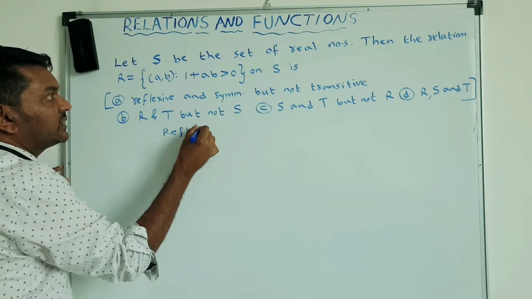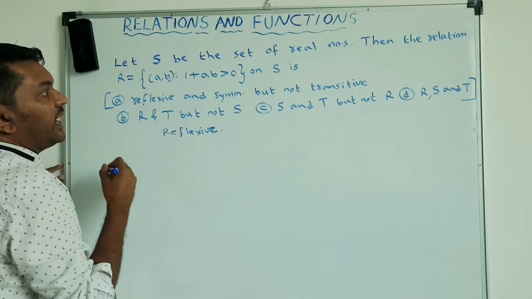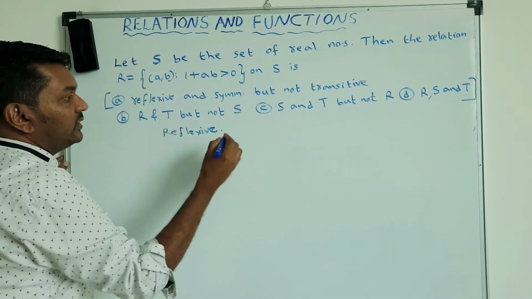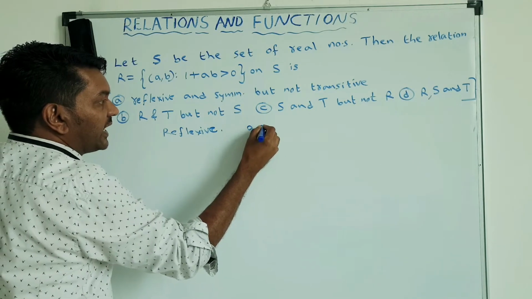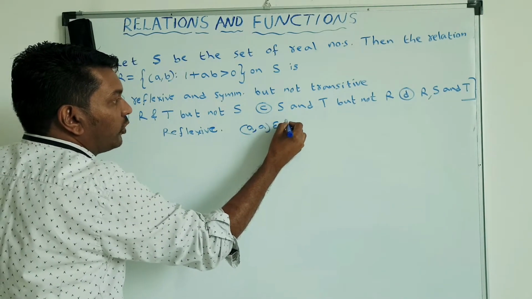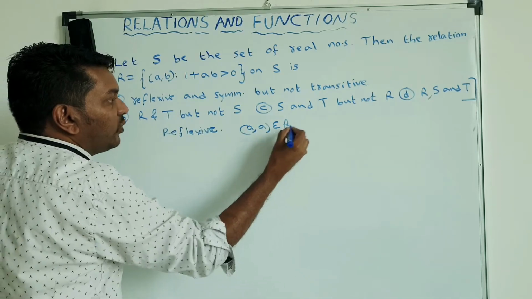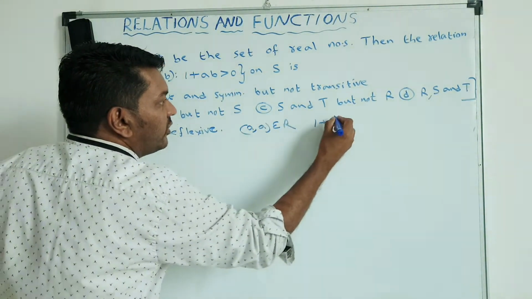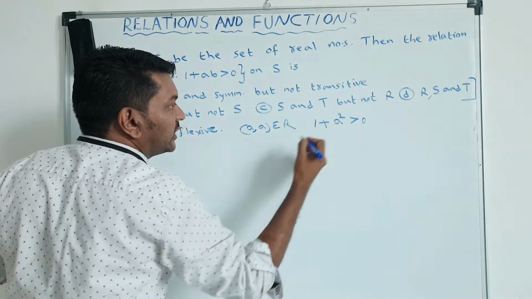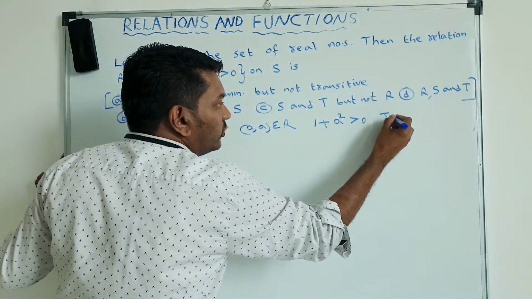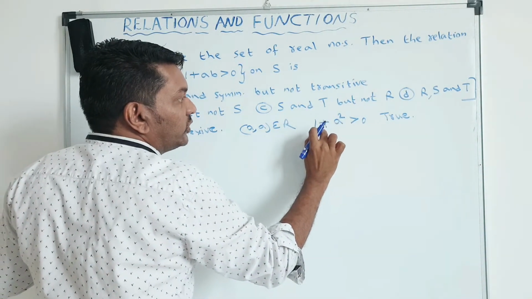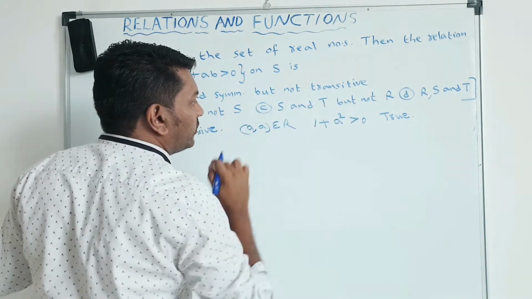Reflexive condition is (a, a) should belong to this relation R. So I am checking whether a is related to a or not. (a, a) means 1 plus a into a, b I have to substitute as a. 1 plus a square greater than 0, which is true. 1 is positive and square of a number is also positive. So this will be greater than 0.